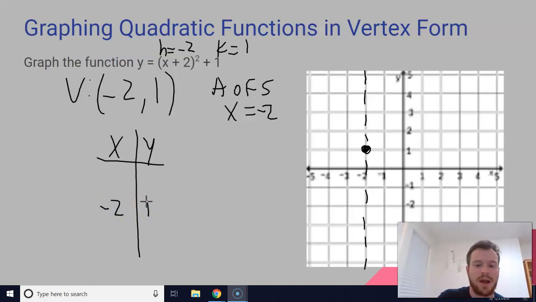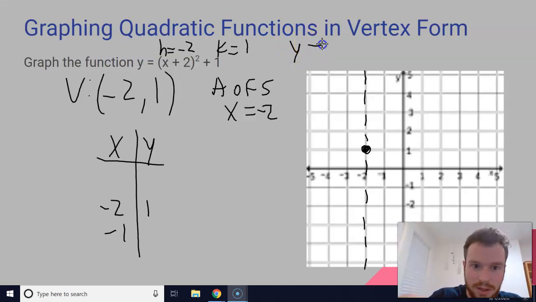So I want to plot a total of 5 points. But I'm going to show you how I only need 2 other points in the t-chart. So I want to pick values of x that are greater than -2. So a value of x that's greater than -2 would be -1. So I'm going to substitute -1 into this function.